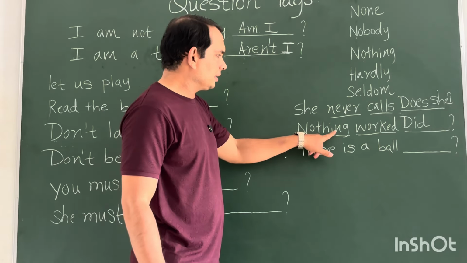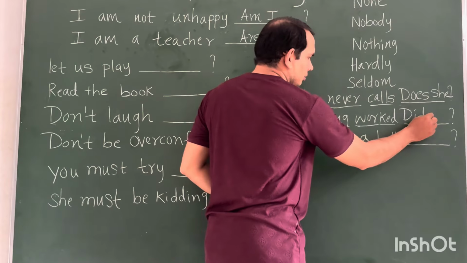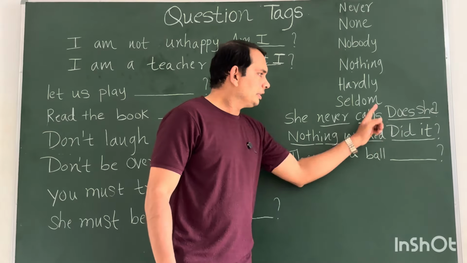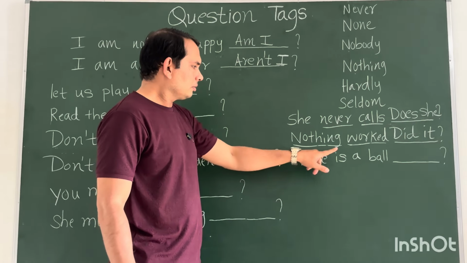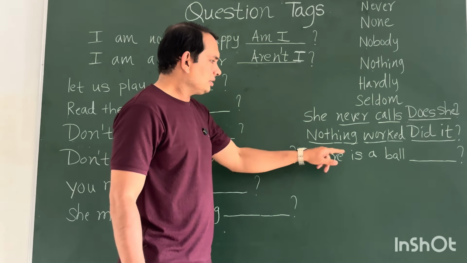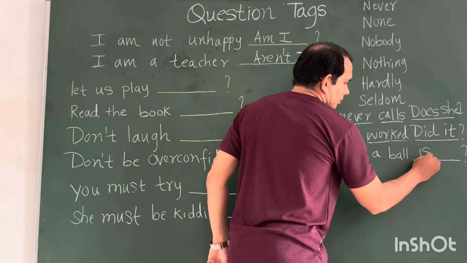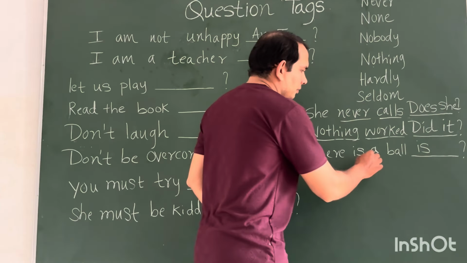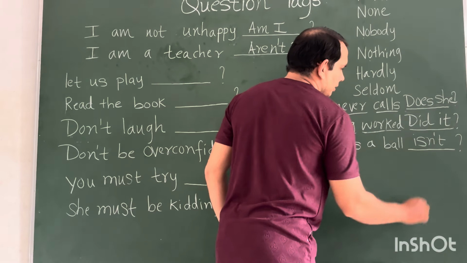So we should not add not here. Did it. Did it is the answer. There is a ball. Here, the helping verb used is is. This is a positive sentence, so we add not here: isn't.